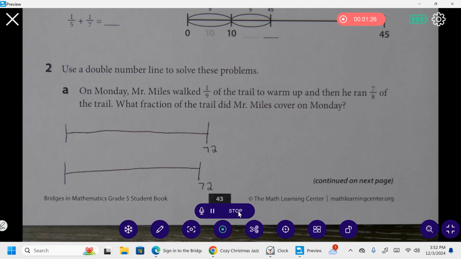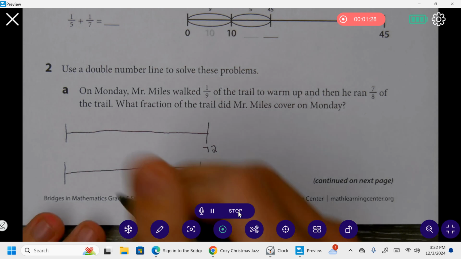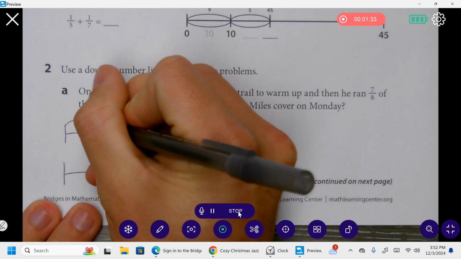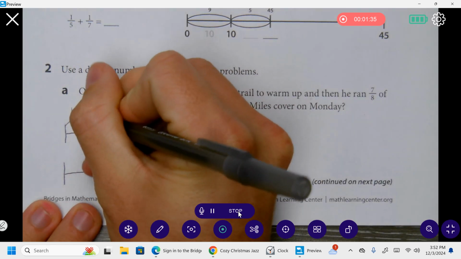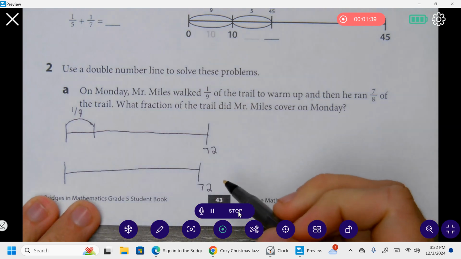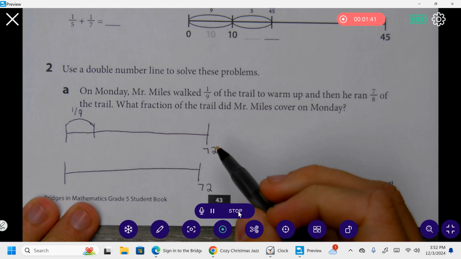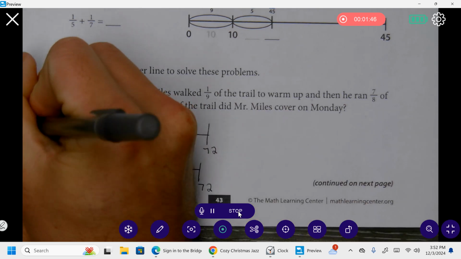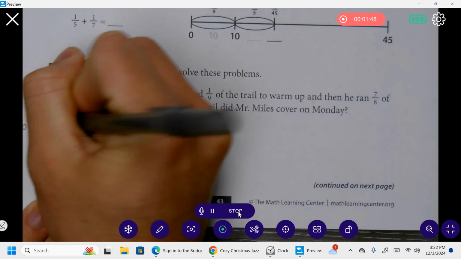So if we are going to first figure out what 1/9 of 72 is, we'll make that first jump, we'll make 1/9, and we'll say this is 72 kilometers just to make it easier. So we have 72 kilometers, and we need to figure out what 1/9 of 72 is.